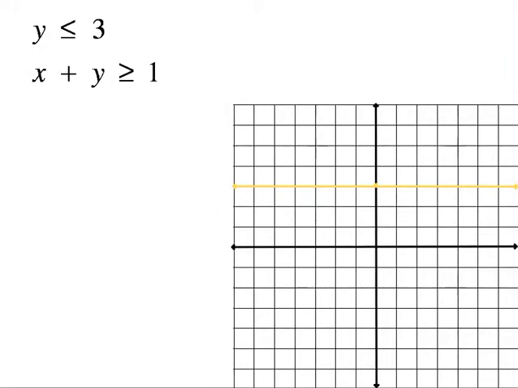Now, if it is less than or equal to, which way am I going to shade? Above or below? Above? Above would be numbers 4, 5, and 6. Oh, no. Below, because that's less than.